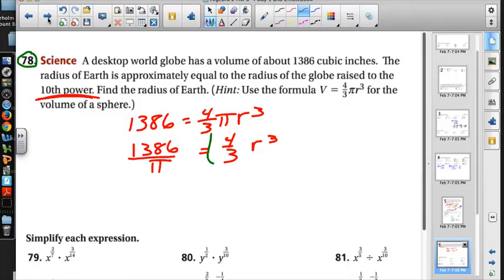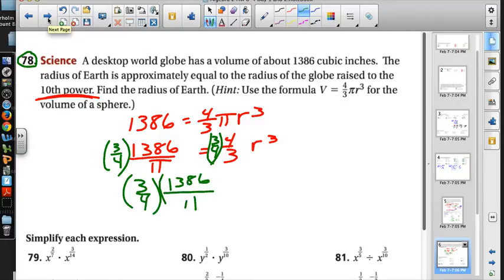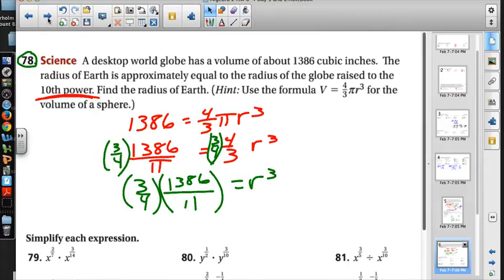Then we can multiply both sides by 3/4. So we'll have 3/4 times 1,386 over pi equals r cubed. And then once we get that answer, we can take the cube root.